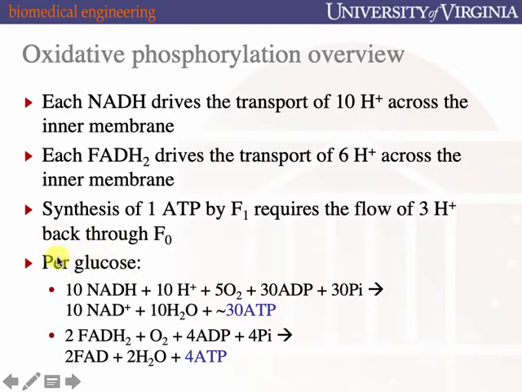Thus, per molecule of glucose, we said before, we have 10 reducing equivalents of NADH. So 10 times 10 is 100. 100 divided by 3 should be 33.3. Well, first of all, you can't make 0.3 of an ATP molecule.